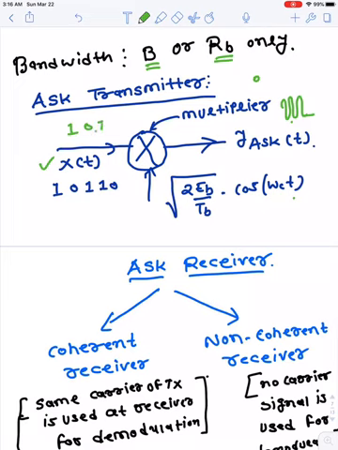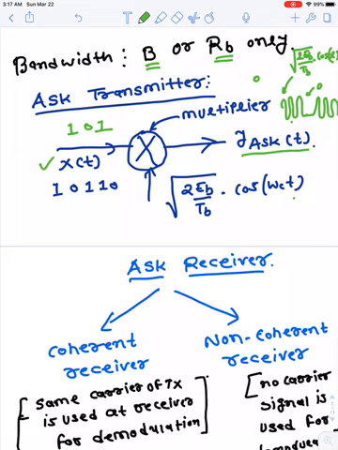Again, if there is a 1, there is again a carrier signal with square root of 2 Eb by Tb cos omega ct. So this one is square root of 2 Eb by Tb multiplied with cos omega ct, and this is simply 0.